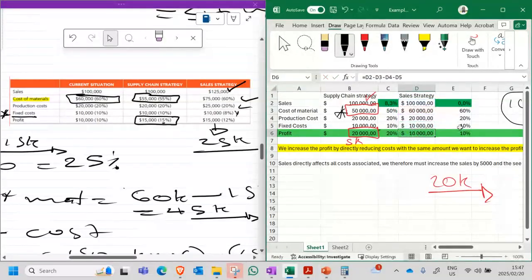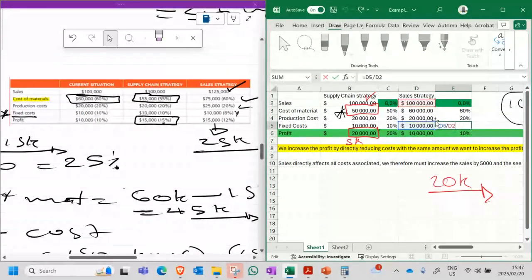Okay. Then on this one, the D5, which is the 10,000, a solid fixed number, divide by my 100,000. So it's 10% of my sales. Then I keep it as a formula so that it can change whenever I change values. Okay.